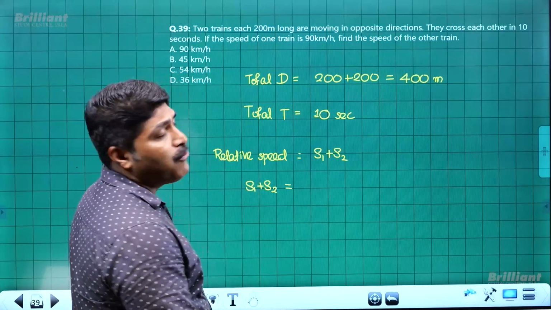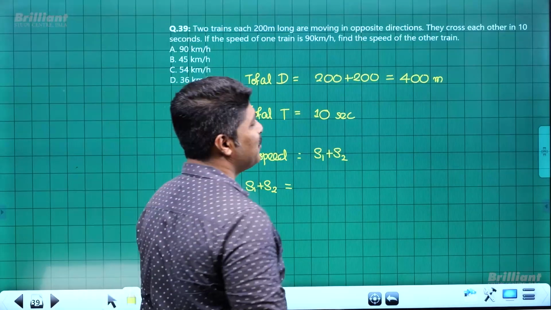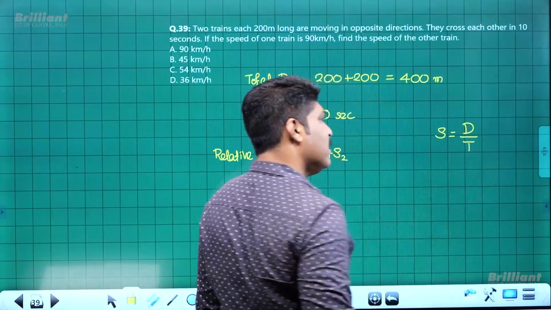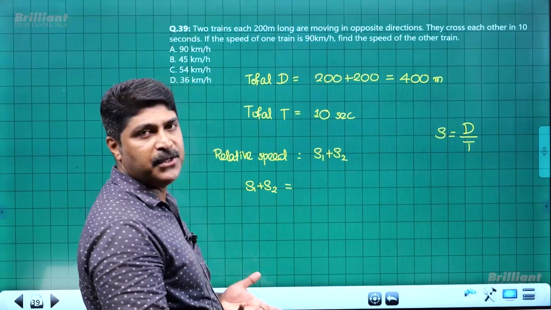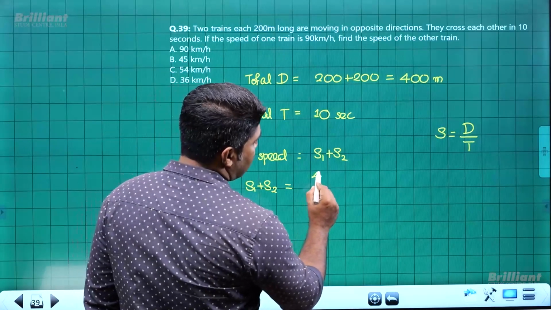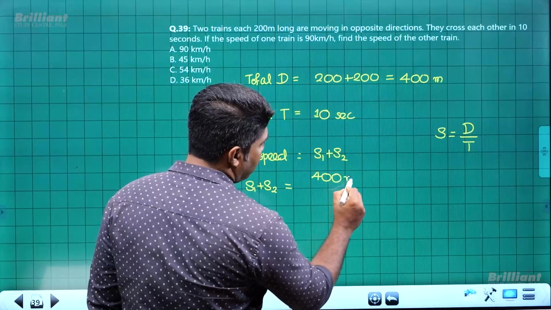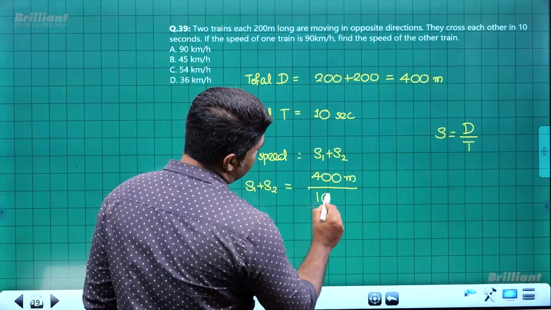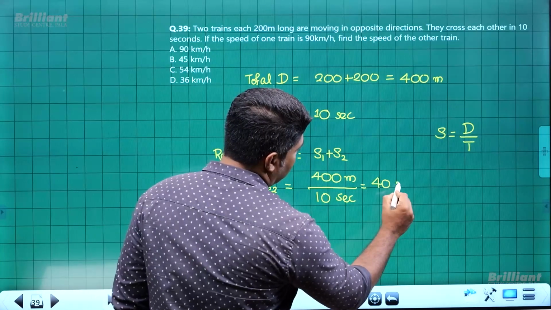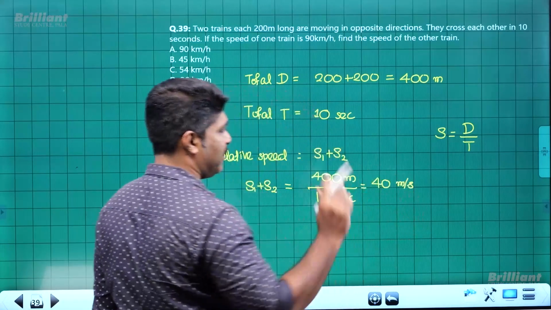So how to find speed? What is the basic result to find speed? Speed is nothing but distance by time. Whenever we are thinking about relative speed, that's also the same situation. In this context, distance is 400 meters and time is 10 seconds. So this is 40 meters per second.